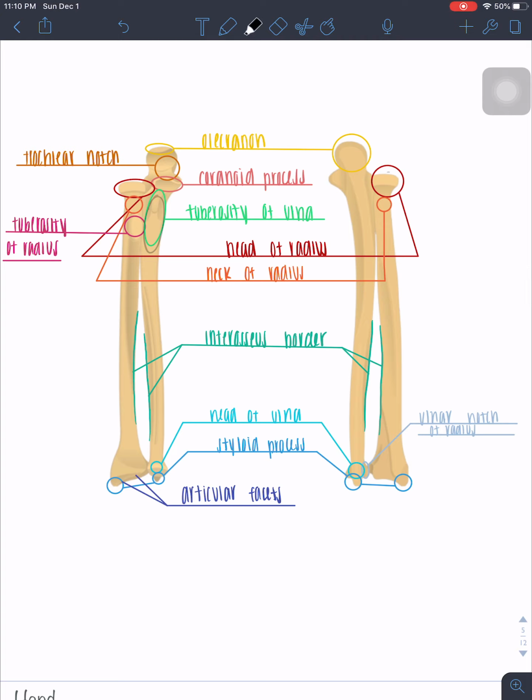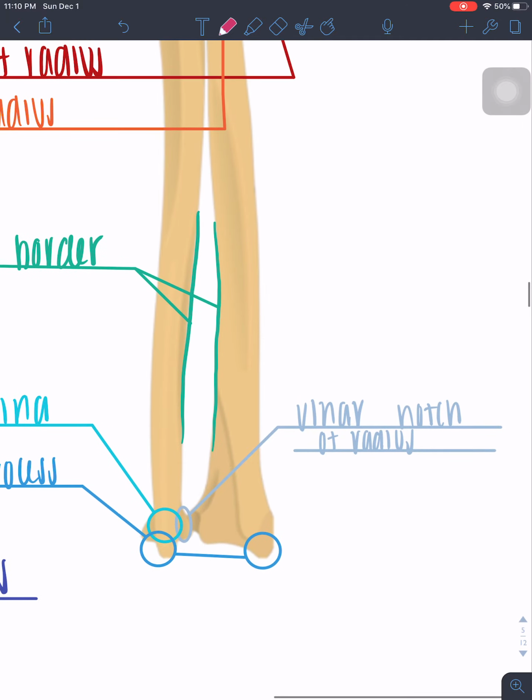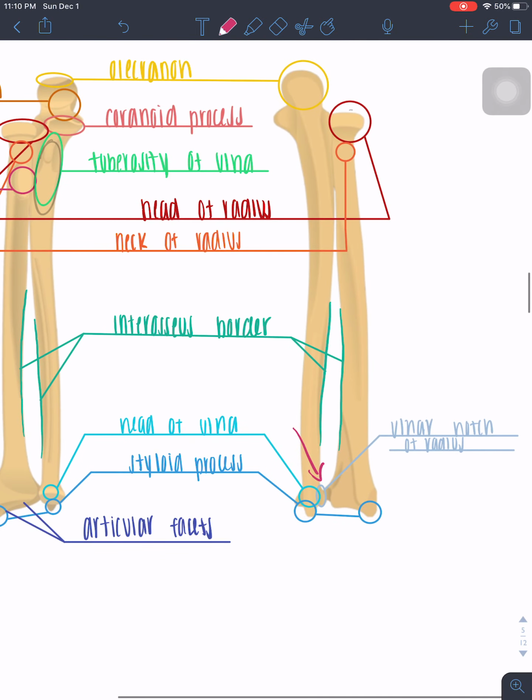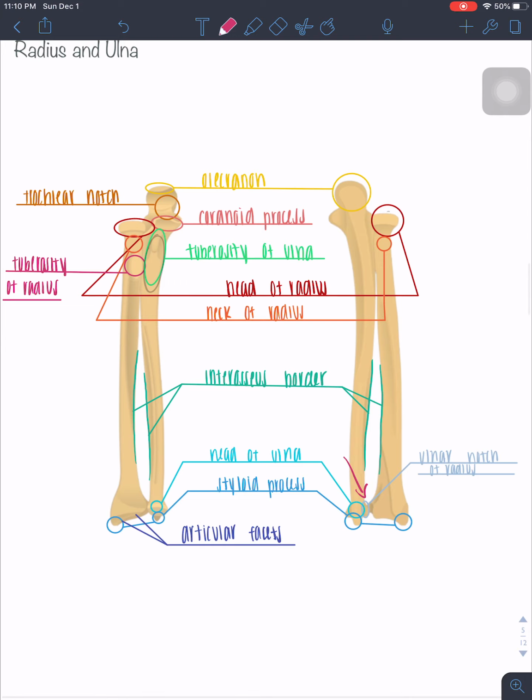Then towards the actual shaft of the bone, this is the shaft, is the interosseous border. My pronunciation is horrible, but I remember how to spell it, so it's kind of worth it. Here we have the ulnar notch of the radius right here, and the styloid process.